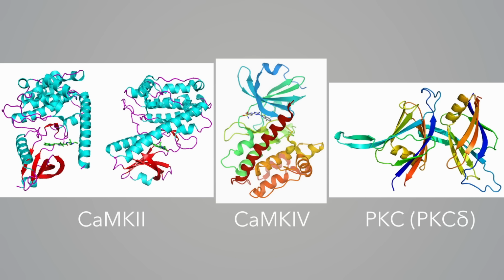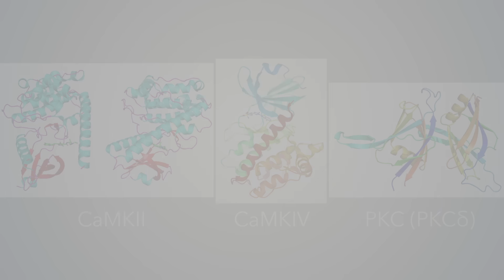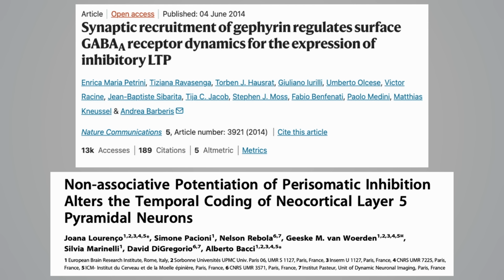Each correctly timed episode of pyramidal and PV spiking also engages plasticity-related proteins such as CAMK2, CAMK4, and PKC in both presynaptic and postsynaptic compartments. Within PV interneurons, these cascades promote GABA-A receptor clustering at their terminals onto pyramidal cells and increase presynaptic release probability at GABAergic synapses, which together enlarge the amplitude and reliability of inhibitory postsynaptic currents.